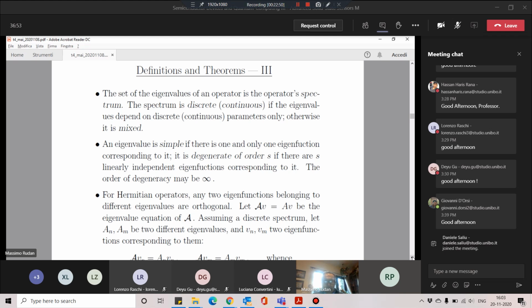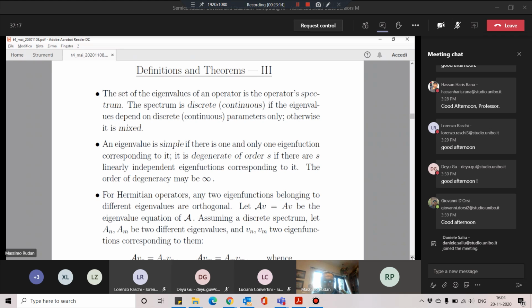Instead, we found that for the free particle, there was no limitation to the values of energy provided they were positive or non-negative, okay? So in that case, the values of the energy of the particle could change continuously.